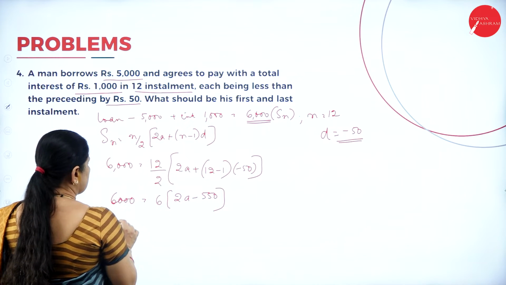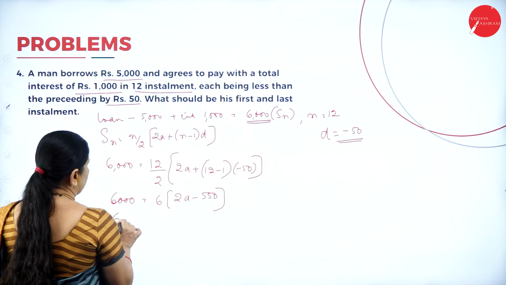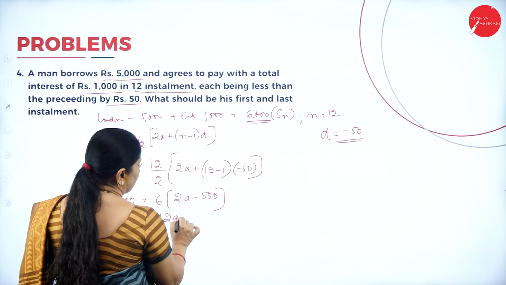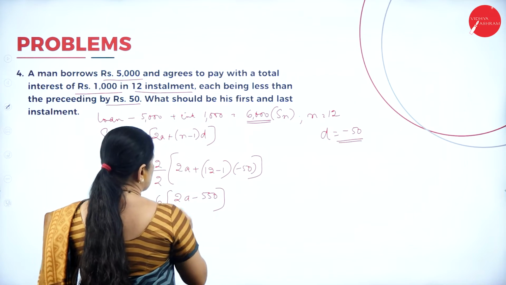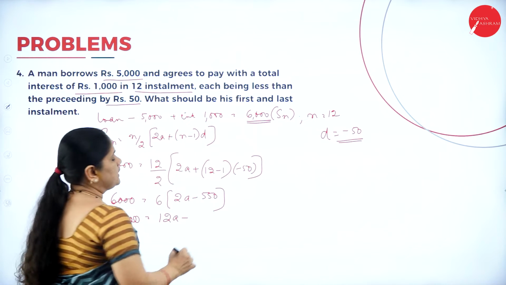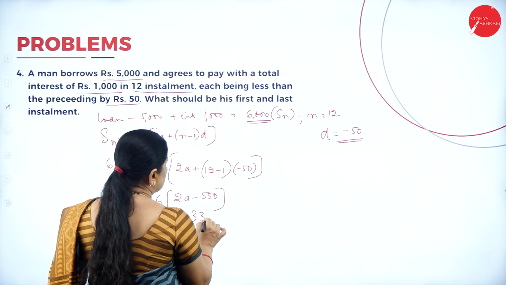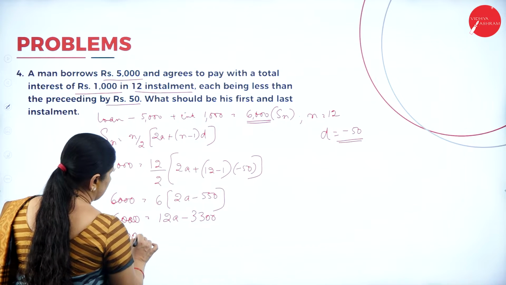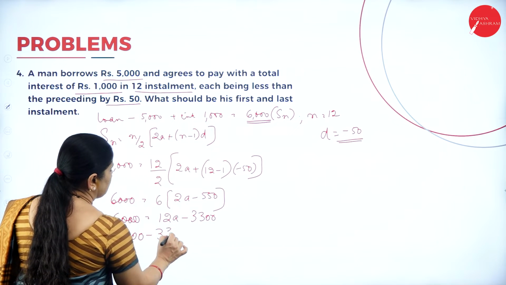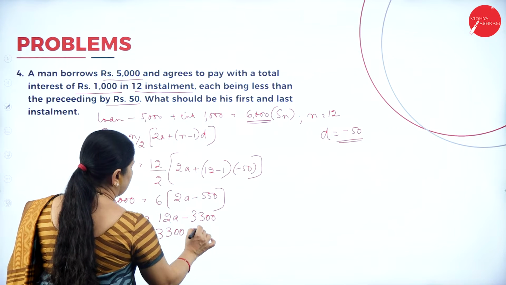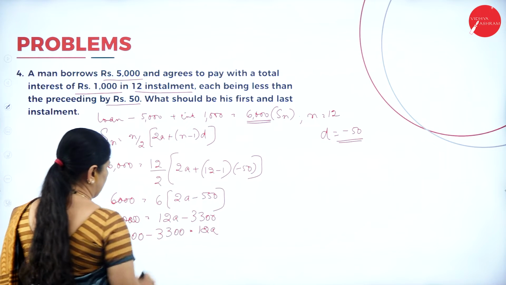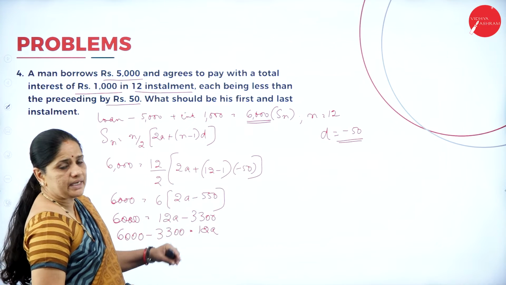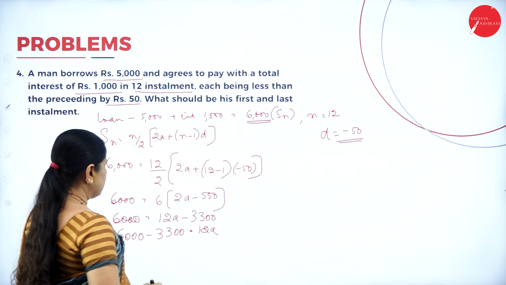So this one, when we simplify, 6,000 equals 12a minus, so 6 into 550, it comes up to 3,300. So 6,000 equals 12a minus 3,300. I bring this here.